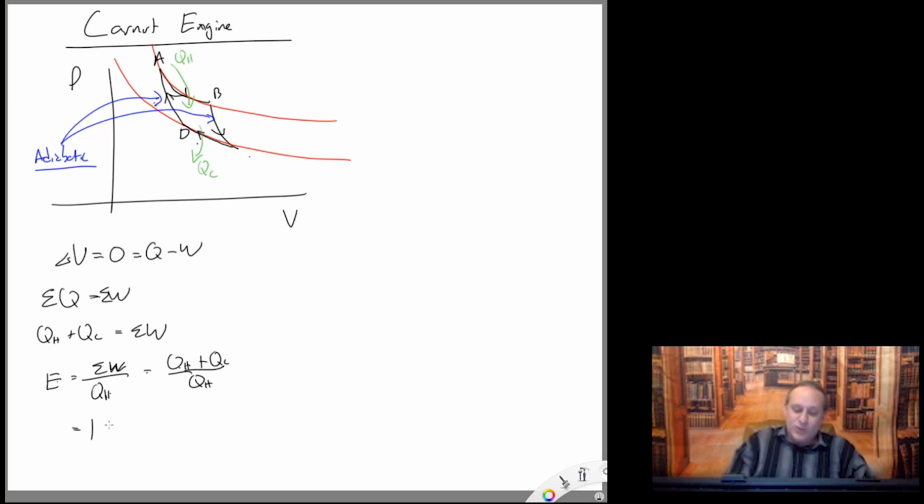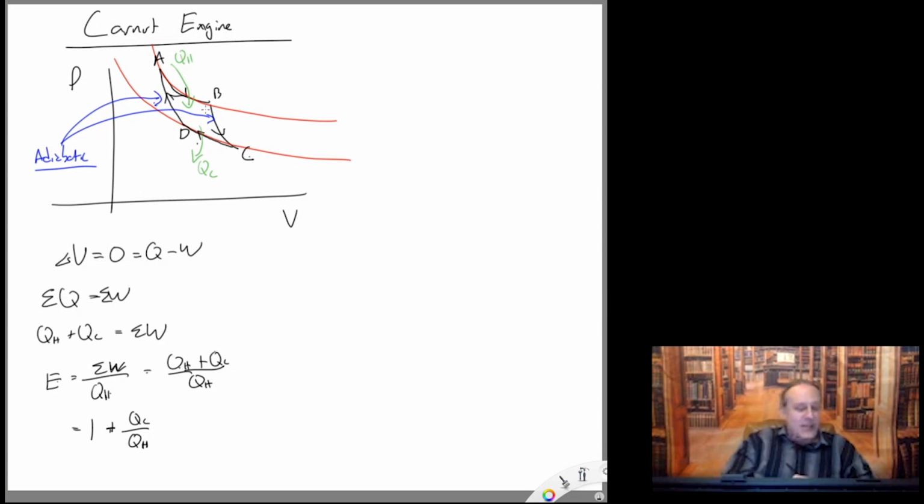And we could express that as just 1 plus QC over QH. Okay, so we really only have to find the QC. That's what's going on when I go from point C to point D. And then the QH is from A to B, and the QC is from C to D.